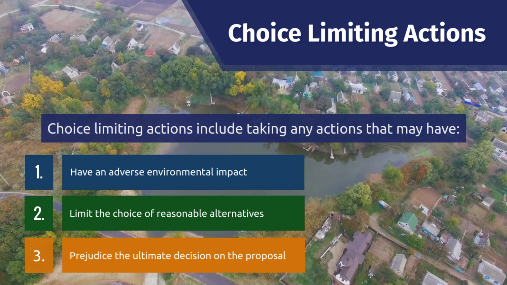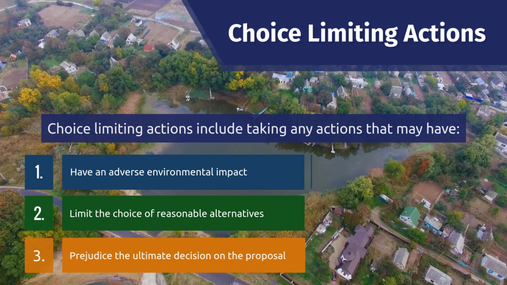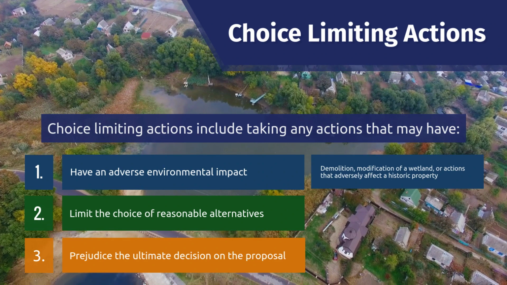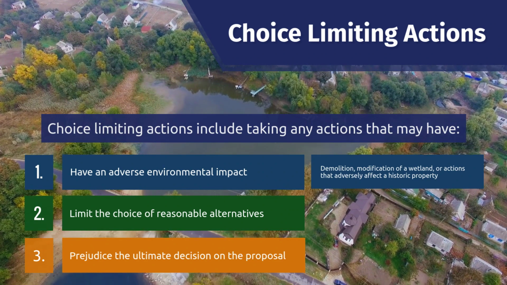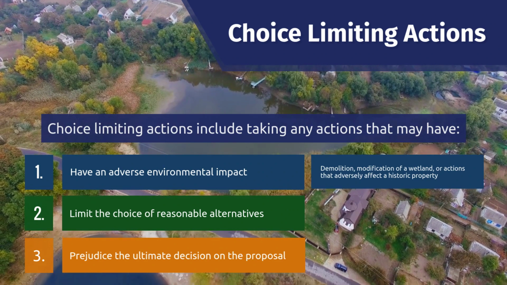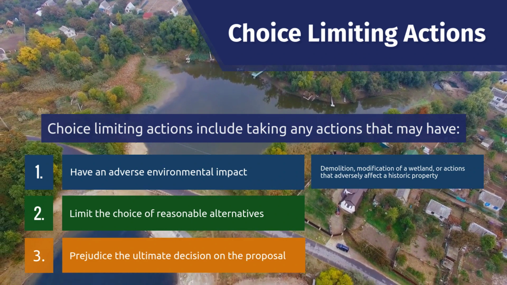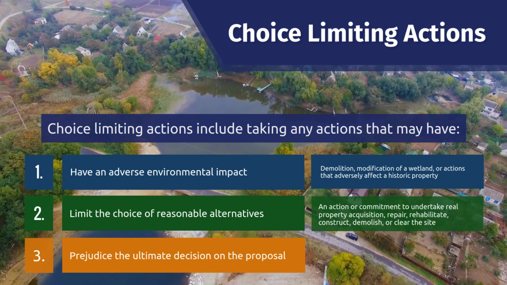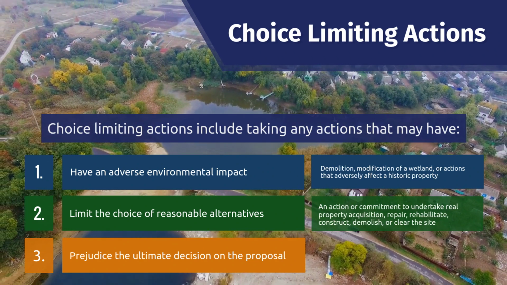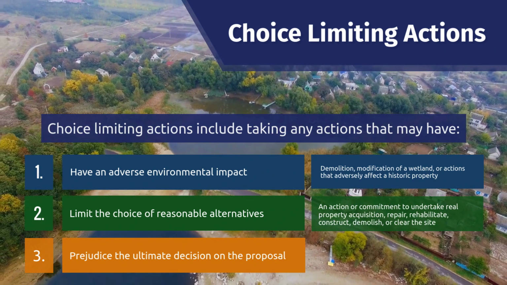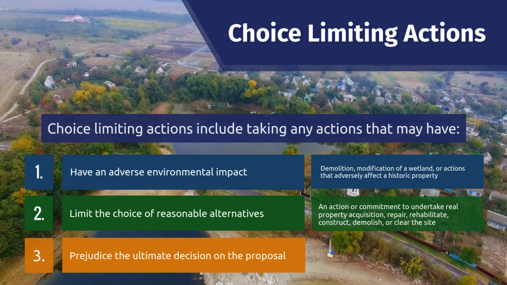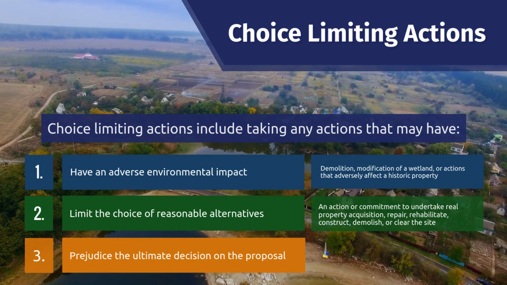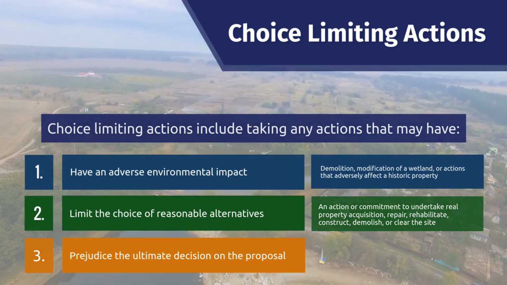Activities that are prohibited until completion of the environmental review include demolition, modification of a wetland, or actions that adversely affect a historic property. Activities that limit the choice of reasonable alternatives include an action or commitment to undertake real property acquisition, repair, rehabilitation, construction, demolition, or clearing of the site.